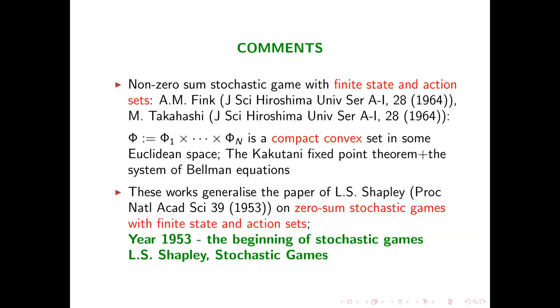That was not difficult to prove, because first of all, they noted that the class of stationary strategies phi can be viewed as a compact convex set in some Euclidean space. This is true because the action sets are finite and the state space is also finite.